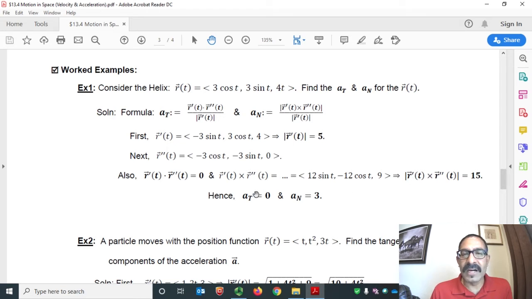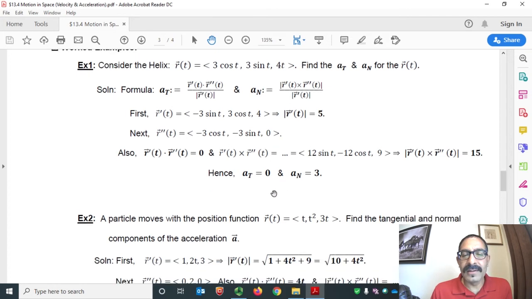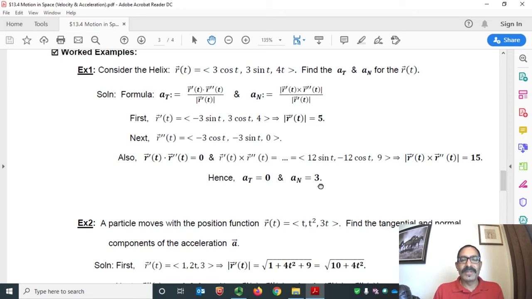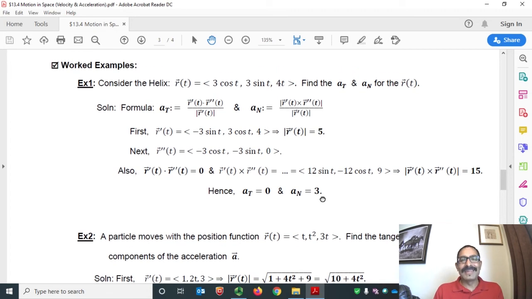Find the magnitude of r prime cross r double prime, which turns out to be 15. Hence, the tangential component of acceleration has dot product 0, meaning the numerator is 0, so the answer is 0. And the normal component of acceleration is 15 over the magnitude of r prime, which is 5, so it is 3. I hope this computation makes sense to you all. Now let's move on.